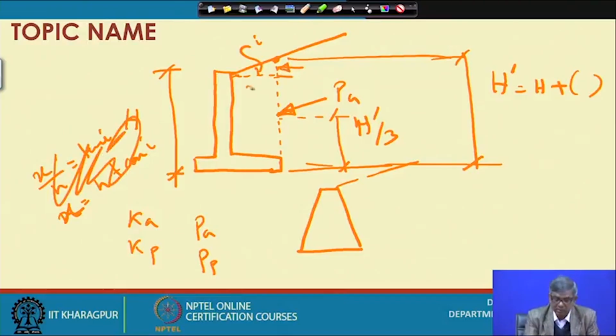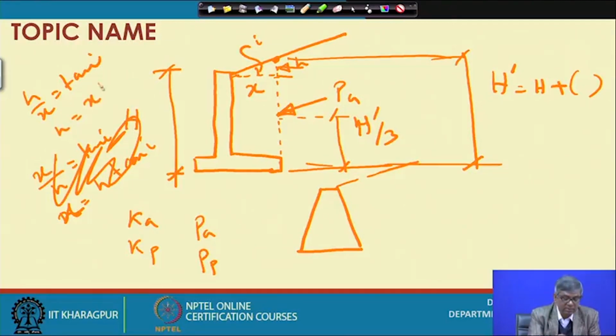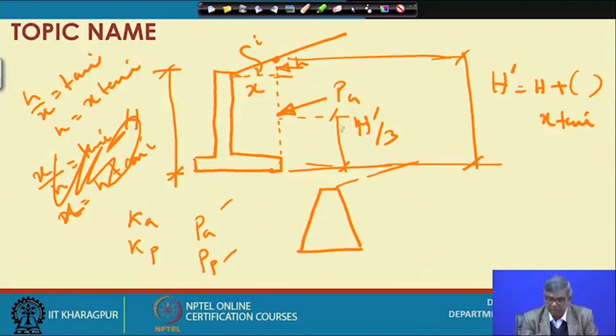Suppose this distance is x and this distance is h, so h by x equals tan I. So I need to find h equals x tan I. So if I know the distance from this edge to this, H dash will be H plus x tan I. So x is mentioned here. That means H dash will be modified, and based on that I can calculate PA and PP, and the point of application will be one-third height from this.